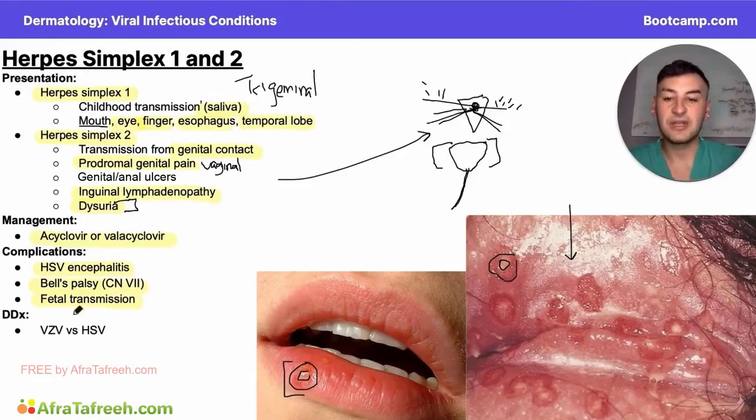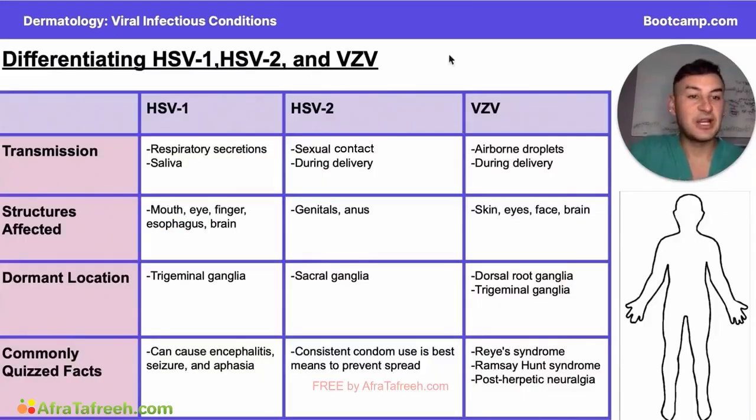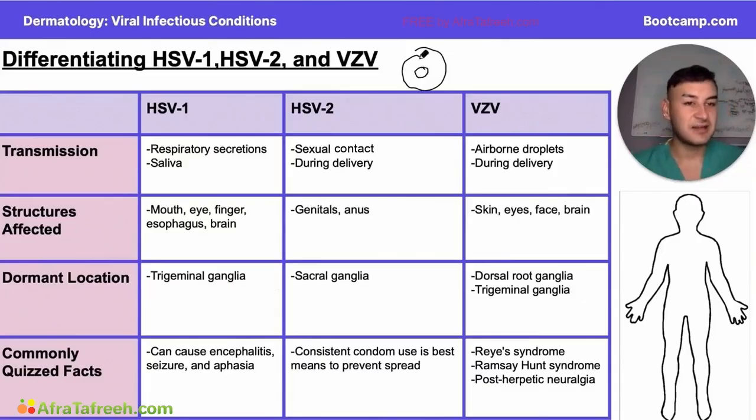Our differential diagnosis here when we have herpetic lesions is always going to be VZV versus HSV, and we're going to use our table and visual diagnosis to help us make that distinction. Let's talk differentiating HSV1, HSV2, and VZV. So we know that anytime we have our dewdrop on our rose petal, we're in herpetic lesion territory, and it's our job to differentiate.